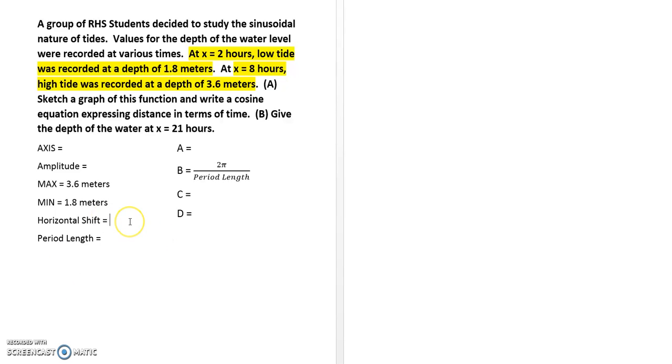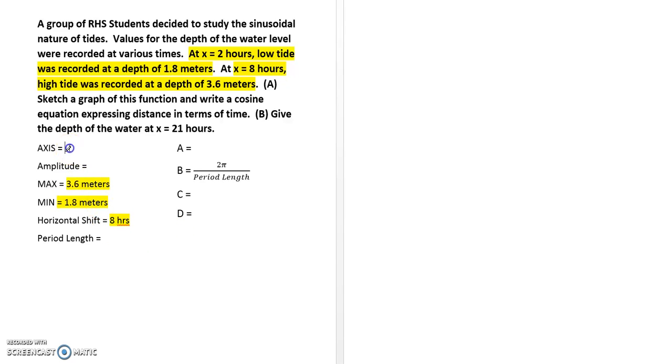And then we have the horizontal shift as well, because the time of the first maximum that's recorded is our horizontal shift, and that is 8 hours. So here's the information that we have, and here's the information that we need to use in order to figure out the rest of this problem.